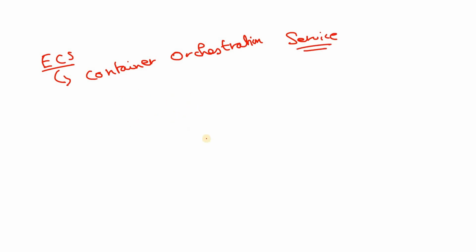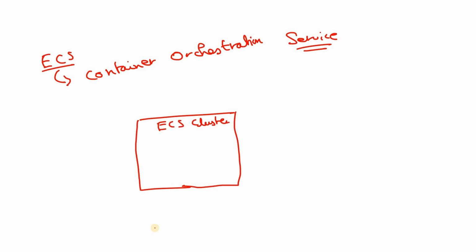It works this way: we have an ECS cluster, and we have something called a task definition. In the task definition, we are going to provide the image name.